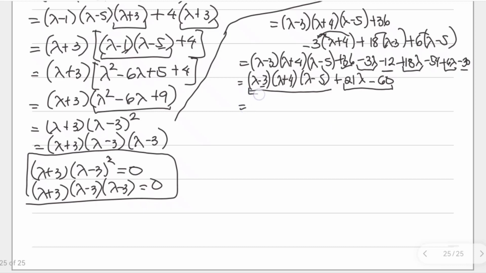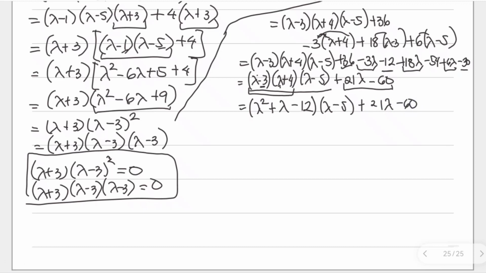So once we multiply the first 2 binomials, then we multiply it to the third binomial. By FOIL method, you have lambda squared, minus 3 lambda, but you have plus 4 lambda, so you have plus lambda. Then minus 12 times lambda minus 5, right? Plus 21 lambda minus 60. Let's check again.